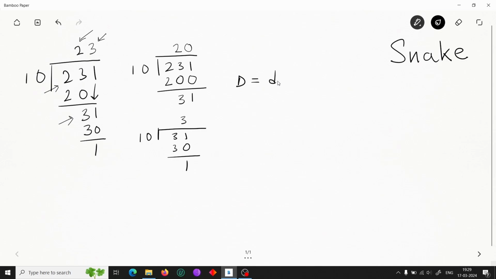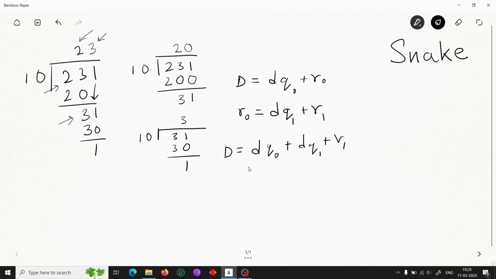So the main number is dq0 plus r0, and then we take the 31 and again repeat the division. We divide r0 into the form dq1 plus r1. Now let's back substitute this. So finally the number becomes dq0 plus dq1 plus r1.